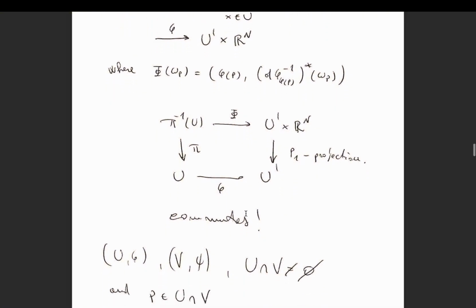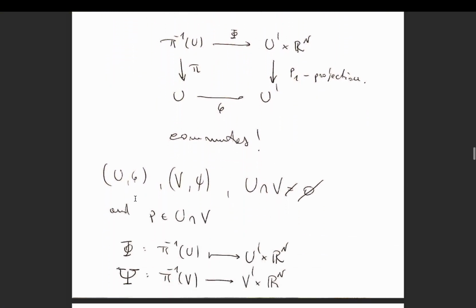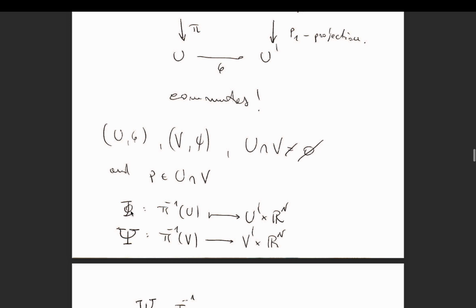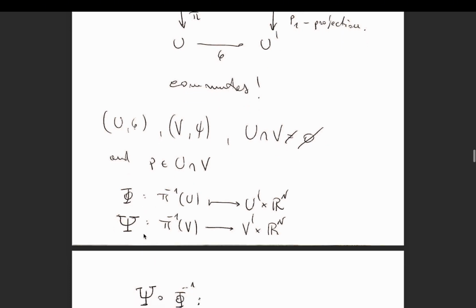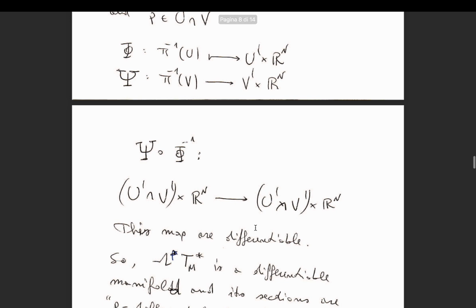So this diagram commutes. Now, if we have two charts, (U, phi) and (V, psi), which intersect each other, and we have a point P inside the intersection of U and V, then we can define capital Phi and capital Psi, where capital Phi goes from pi to the minus 1 of U into U prime times R to the power of capital M, and capital Psi goes from pi to the minus 1 of V into V prime times R to the power of capital M. We can construct capital Psi composed with capital Phi to the minus 1.